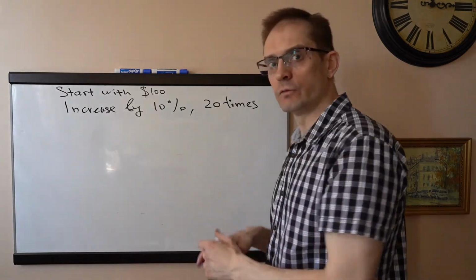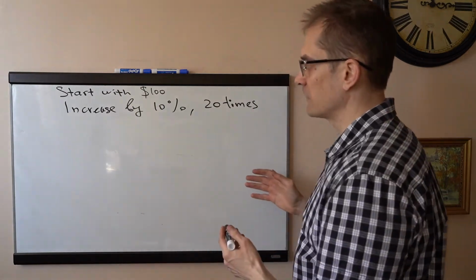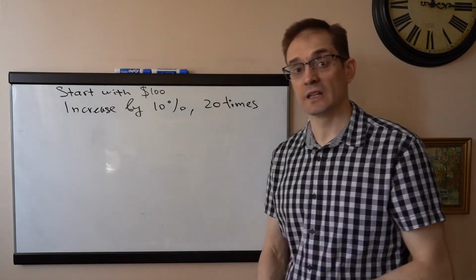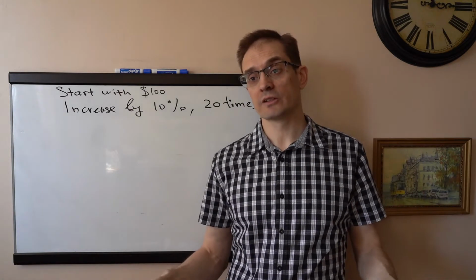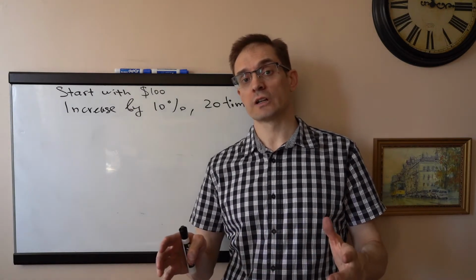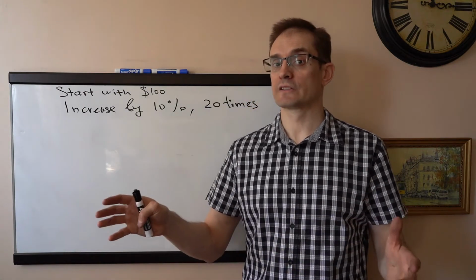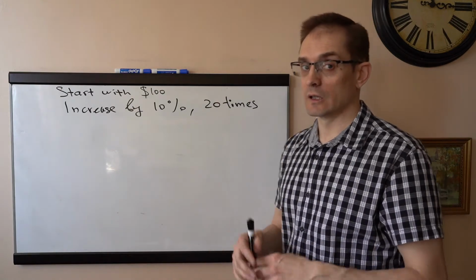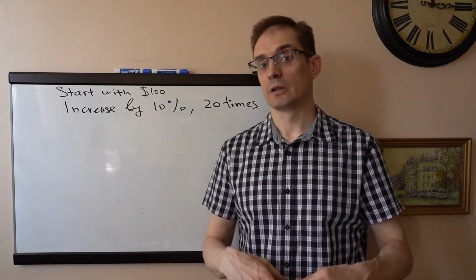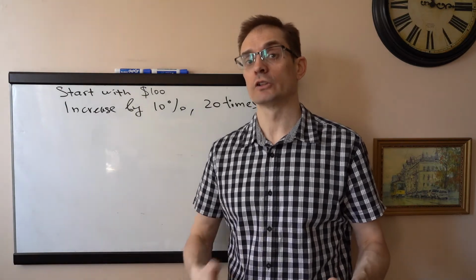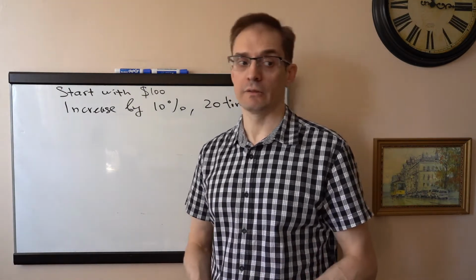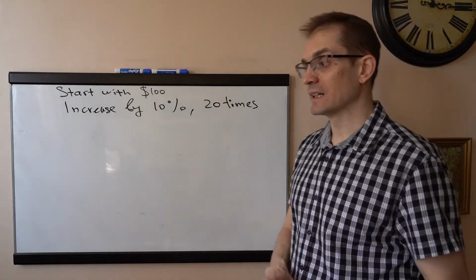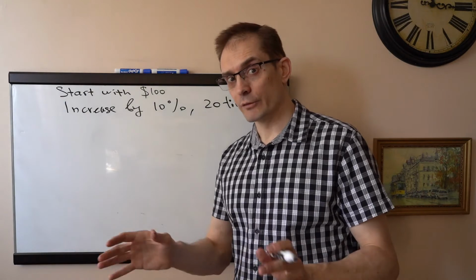Definitely very inconvenient, especially if I now replace this 20 times by, let's say, 365 times, because it might be that your stock, which starts with $100, grows for 365 days in a row. It will be very laborious and sometimes even impossible when we have a lot of increases happening one after another. Therefore, it is much better to adopt a completely different way of thinking.